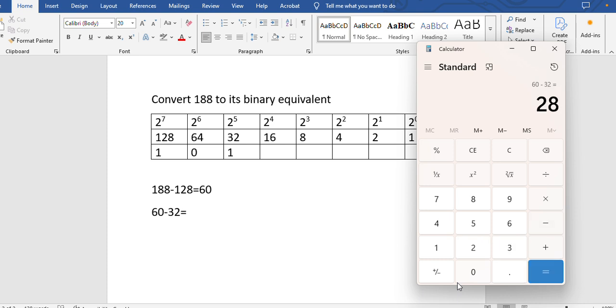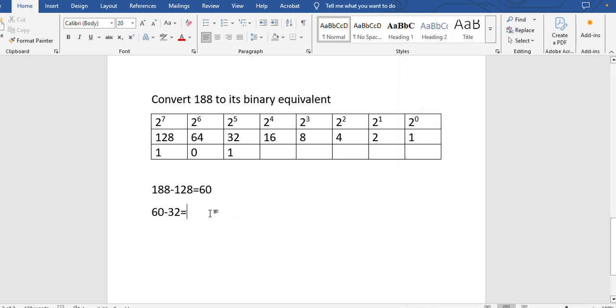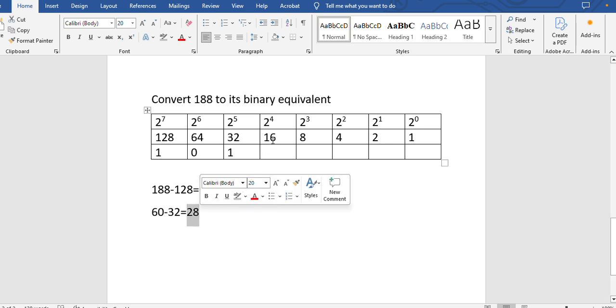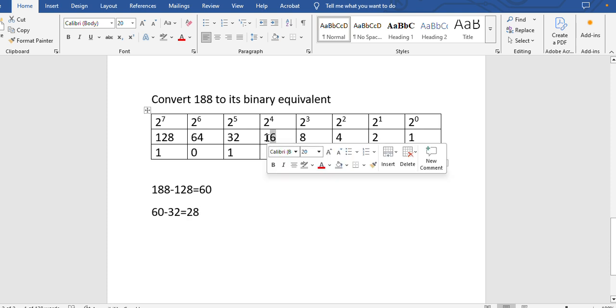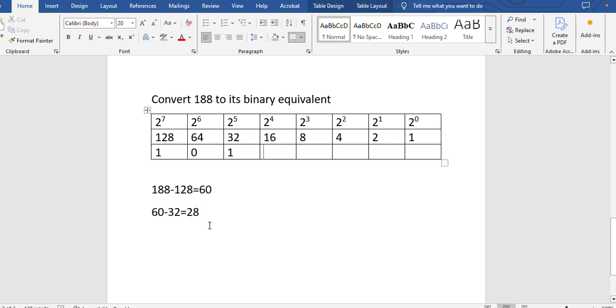Is 60 greater than 32? Yes, it is. So you write 1, and you say 60 minus 32. You should get 28, but we can confirm. 60 minus 32 should be 28. So the remainder is 28.